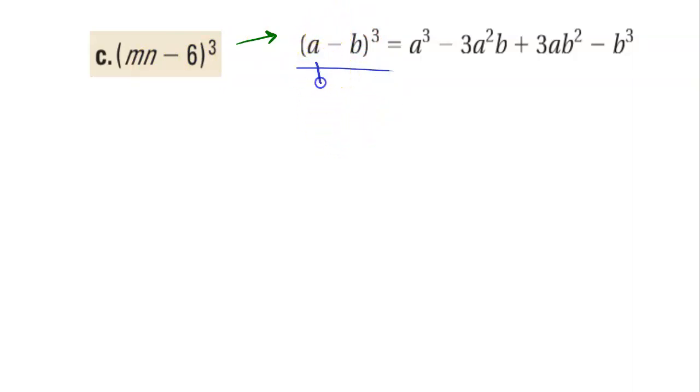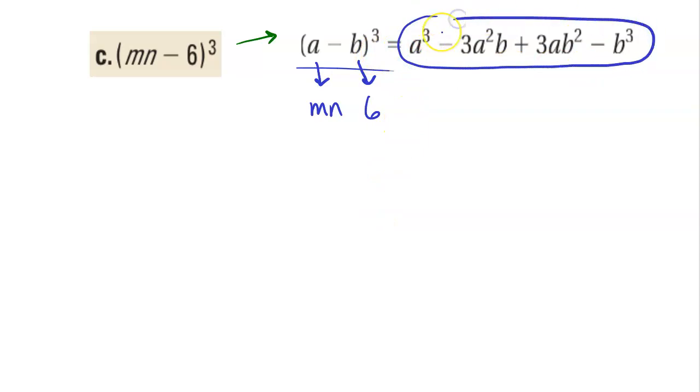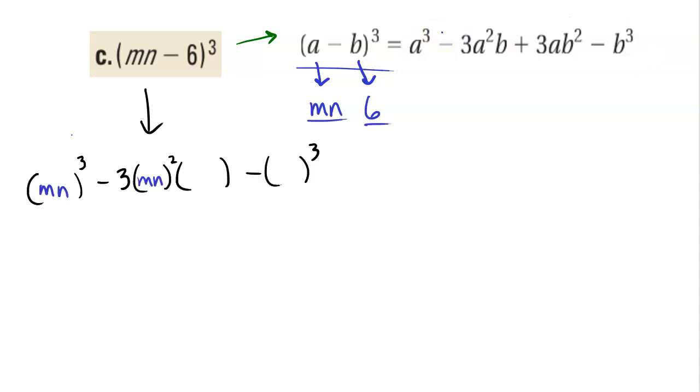In this case, though, my a value is going to be replaced by mn. So a is going to become mn, and my b value is going to be 6. So my answer is going to be this right here, a cubed minus, that whole thing, but I'm just going to substitute in mn for a and then 6 for b.